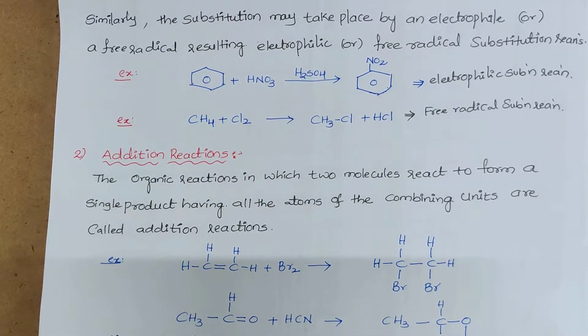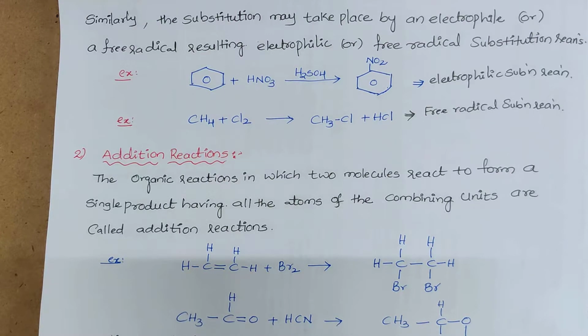The second category is addition reactions. What are addition reactions? The organic reactions in which two molecules react to form a single product having all the atoms of the combining units are called addition reactions.